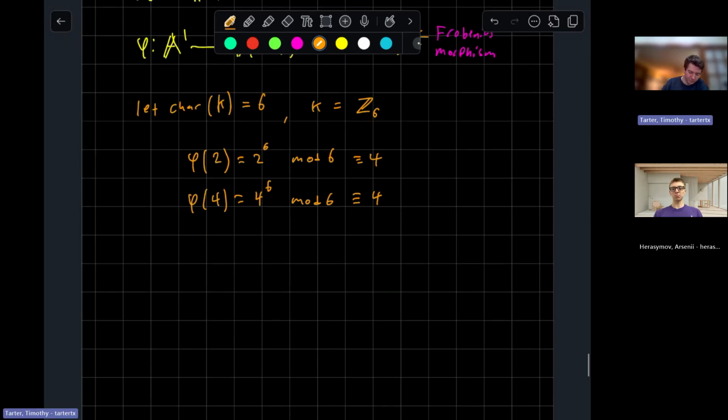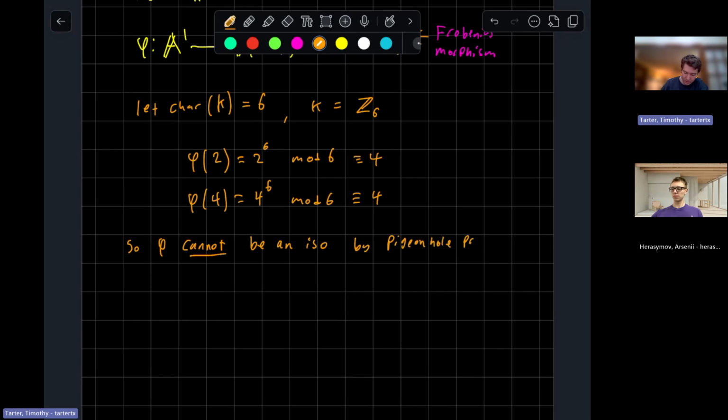And so phi cannot be an isomorphism, basically by the pigeonhole principle.